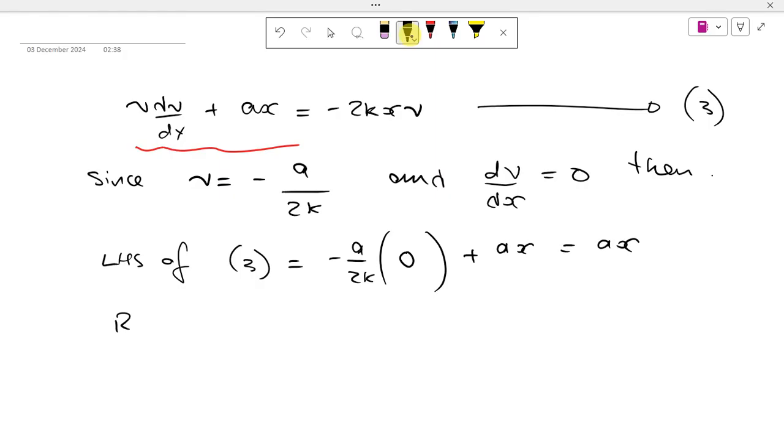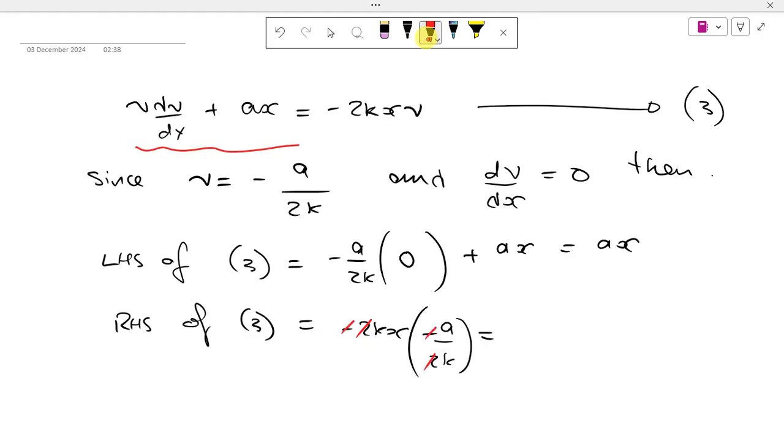Now the right hand side of 3 is equal to minus 2kx times v, which we know is minus a over 2k, which is equal to, well, as you can see there, the 2's cancel, the minus cancels with the minus, and the k cancels, leaving us with ax.